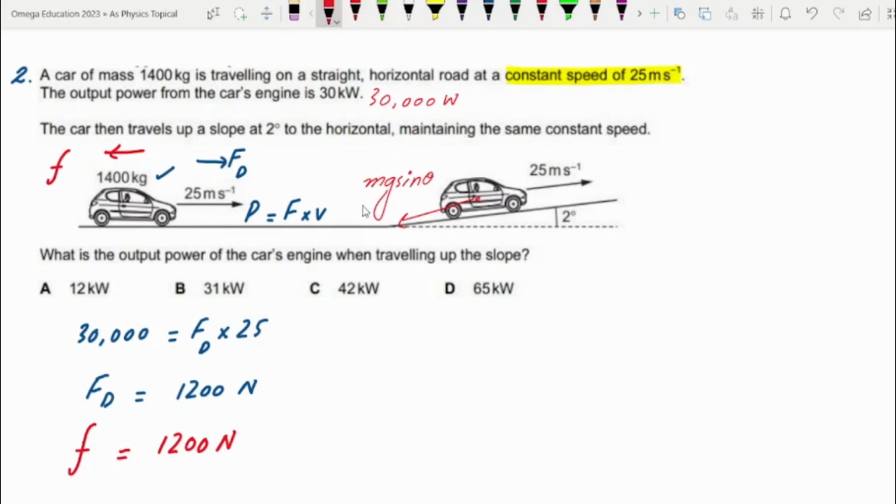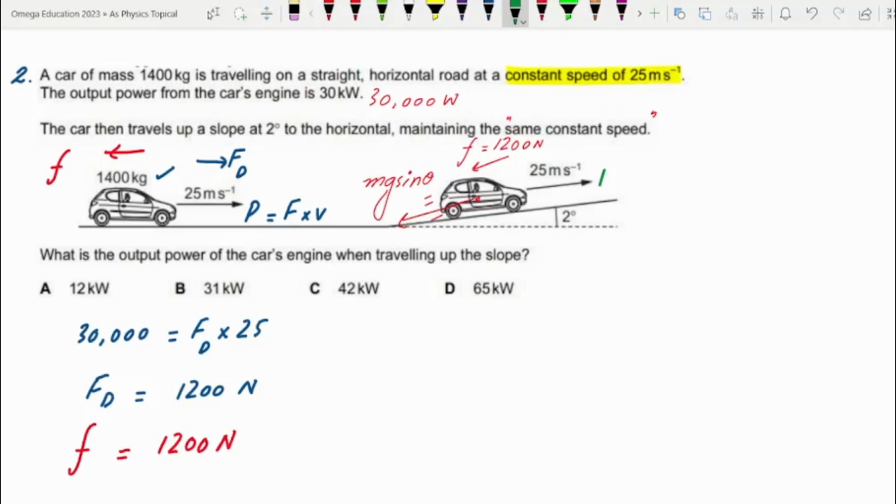So mg sine theta would be trying to drag it downward, and there's another force that we calculated, which is the frictional force. If the vehicle is moving forward, the friction force would be backward, and the value of friction force would be the same, 1200 Newton, because we're moving with the same constant speed. So the friction force depends on the speed. If you're moving with the same speed, our friction force should be the same.